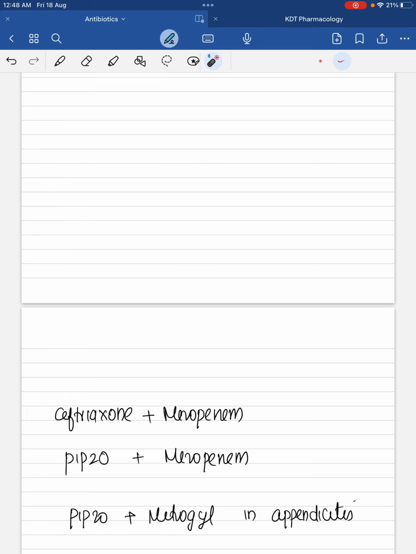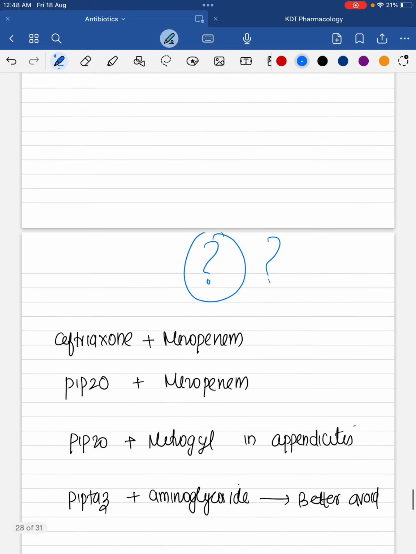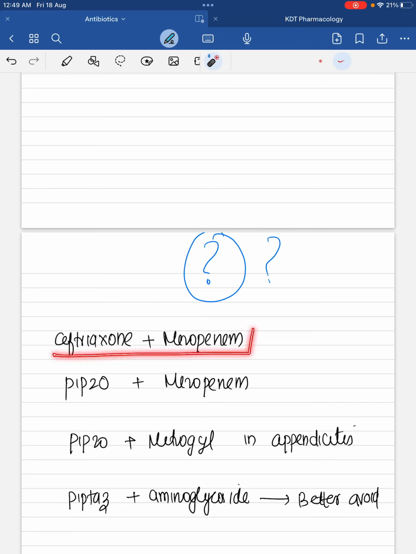So from the discussion up to this, we will be having some question answer section, like suppose ceftriaxone and meropenem, whether this combination is a rational combination or not. Tell.